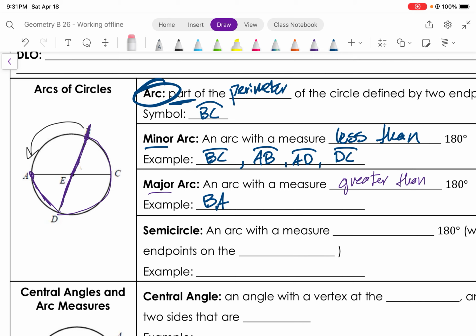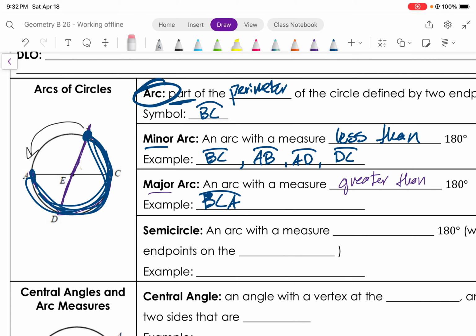So we need to put 3 letters for major arcs. So we're going to put B, C, and then A, because if I trace B to C to A, that shows that I'm talking about the big major arc section of the perimeter, not the smaller part. And then we have to make sure we put our little arc symbol above it. Okay, so for major arcs, we have to have 3 letters. For minor arcs, 2 is fine.